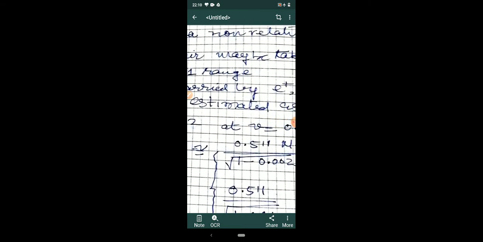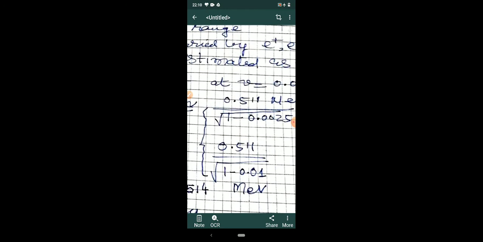So 0.511 MeV upon the square root of 1 minus 0.0025, and this to 0.511 upon the square root of 1 minus 0.01.